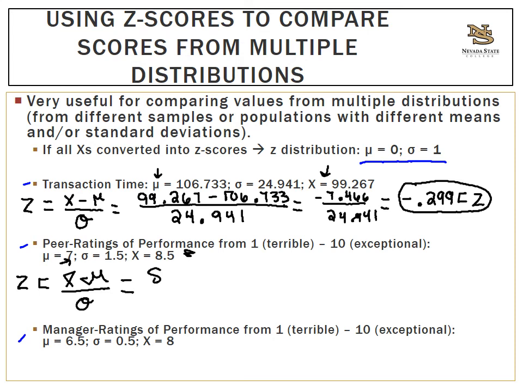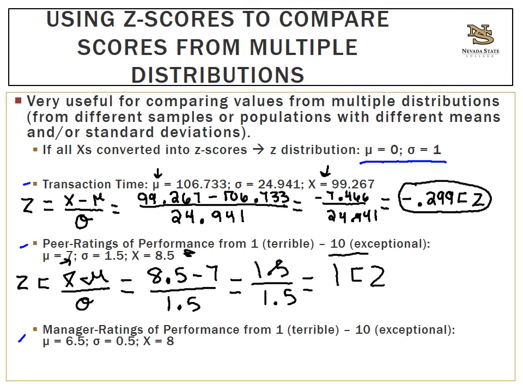You have 8.5 was your score minus the mean of 7 divided by the standard deviation of 1.5. So this equals 1.5 divided by 1.5, and you have a z-score of 1. So this is pretty good, but it's on the high end of most scores, right? It's great, but there's a lot of other people who did that well in terms of peer ratings of performance.